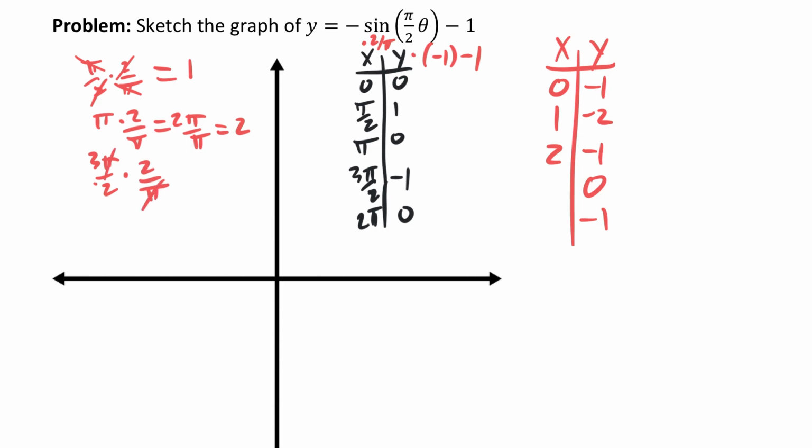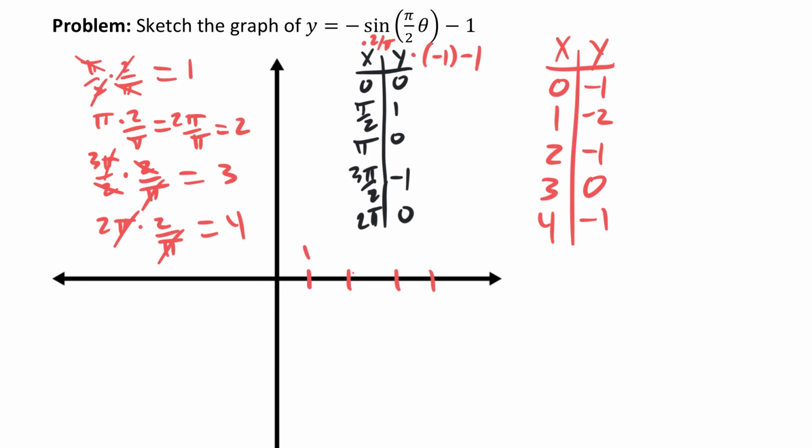The pi's cancel and the 2's cancel, so you get a 3. And 2 pi times 2 over pi. Well, the pi's cancel and 2 times 2 is 4. So this is kind of neat, actually. We have x values 1, 2, 3, 4.